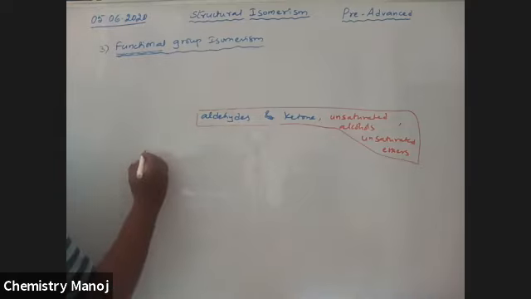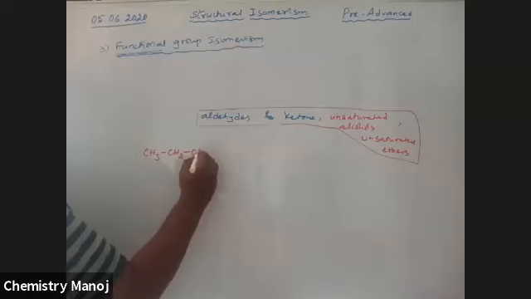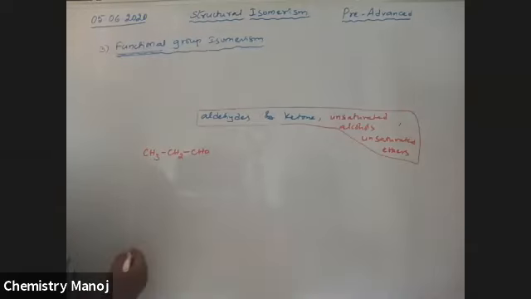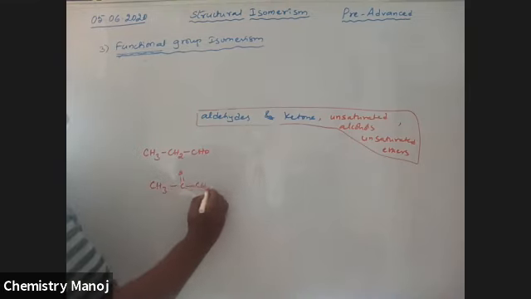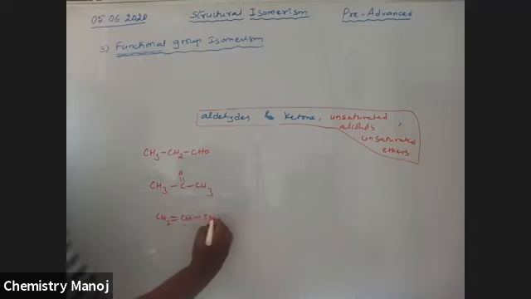Aldehydes. See here, CH3CH2CHO, aldehyde. Next, ketone, CH3COCH3, ketone. Next, unsaturated alcohols, CH2=CH-CH2OH, unsaturated alcohol.